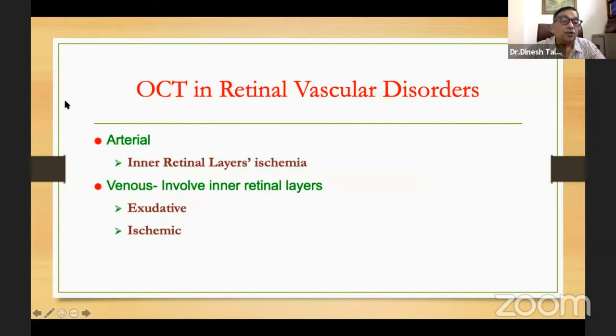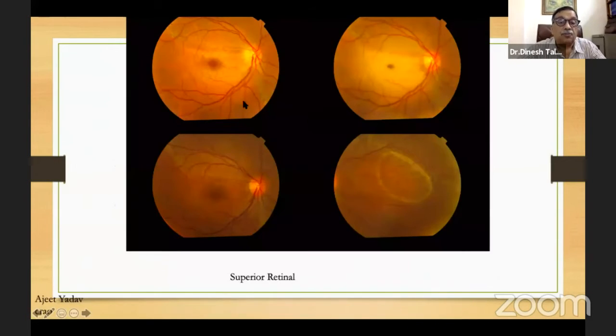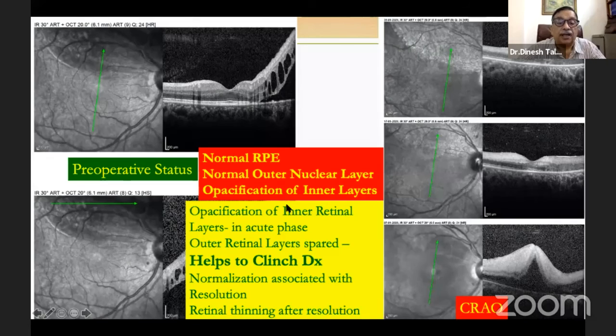Now we come to vascular disorders, the last group of disorders today. You can have arterial and venous disorders. Let's see what they look like. So this is a patient who has a CRAO. And what does the CRAO show up as in the OCT? In the OCT, what you get is an opacification of the inner retinal layers. You see this?